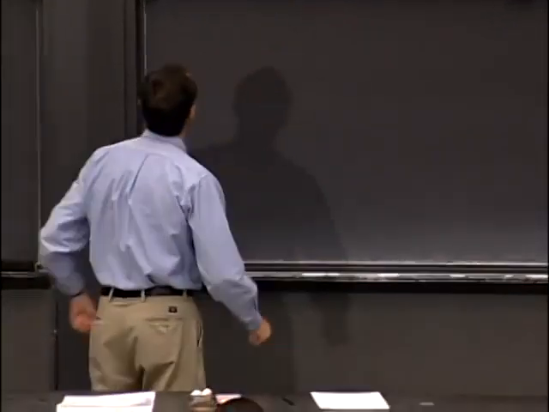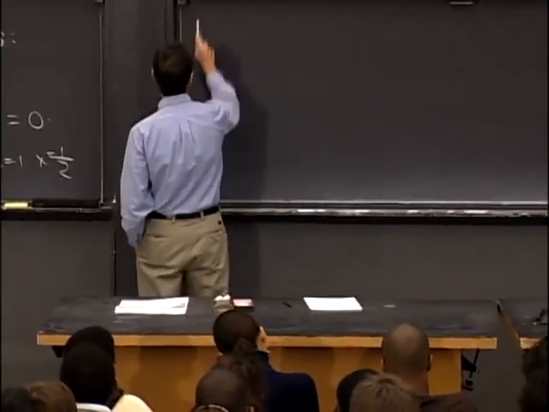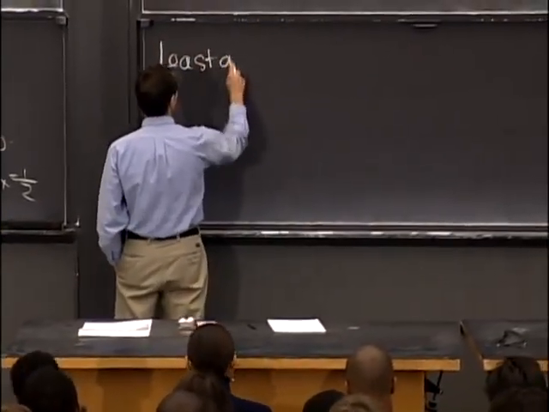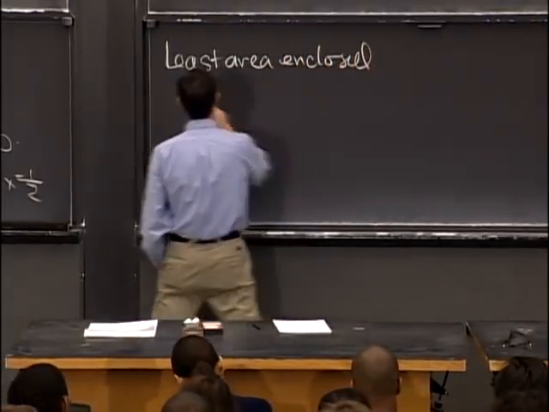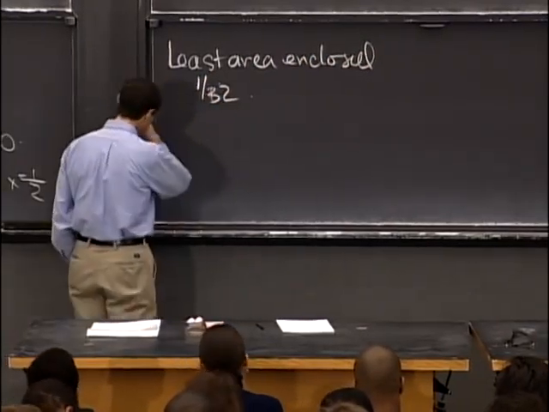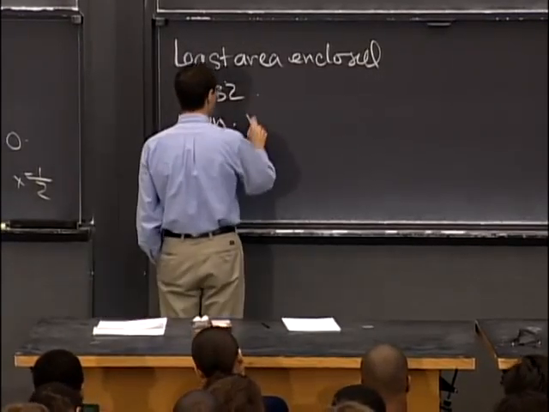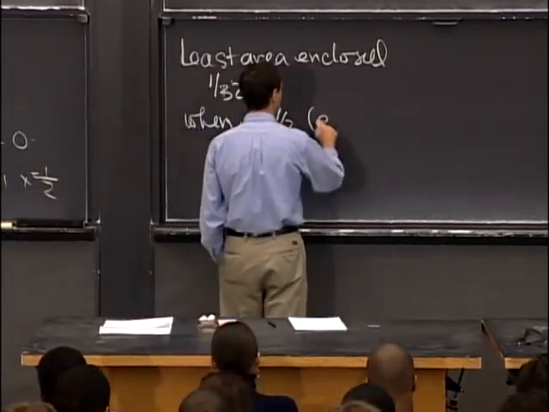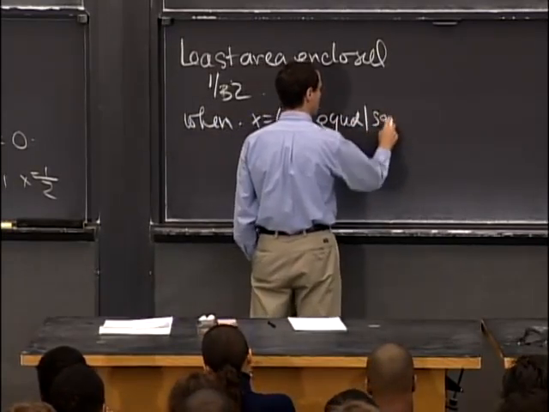All right? So what we find here is that we have the least area enclosed. Enclosed is a 32nd, right? And this is true when x equals 1/2. So these are equal squares.